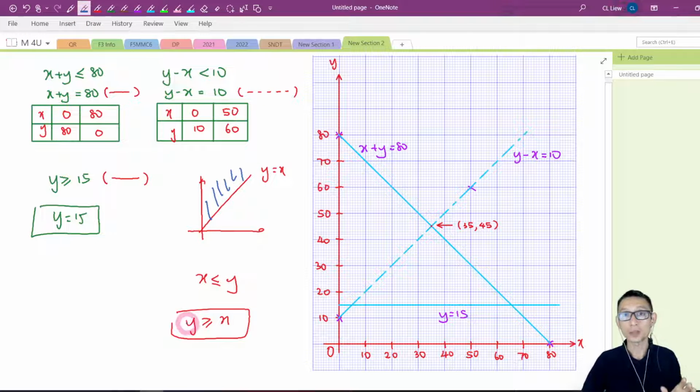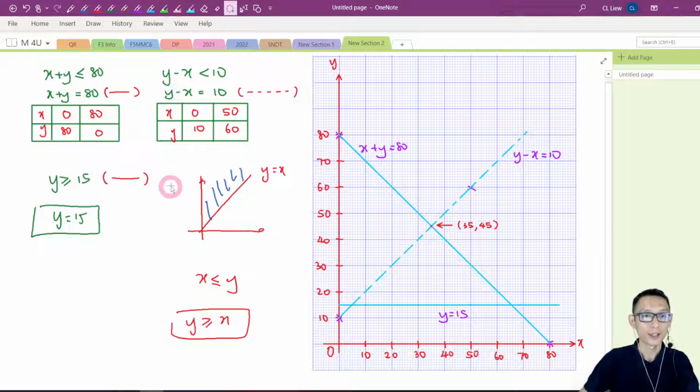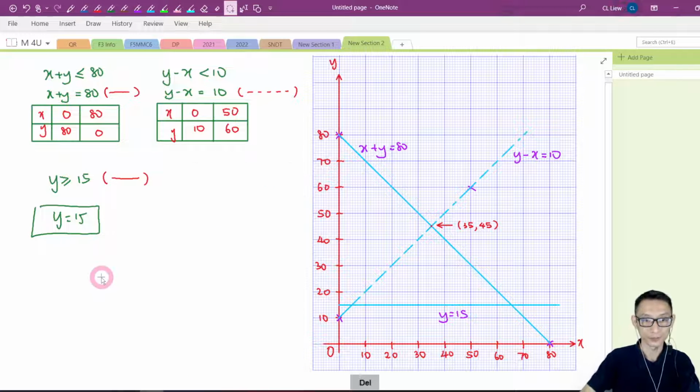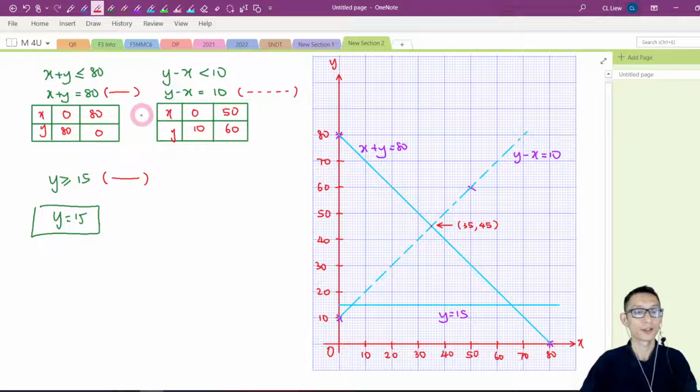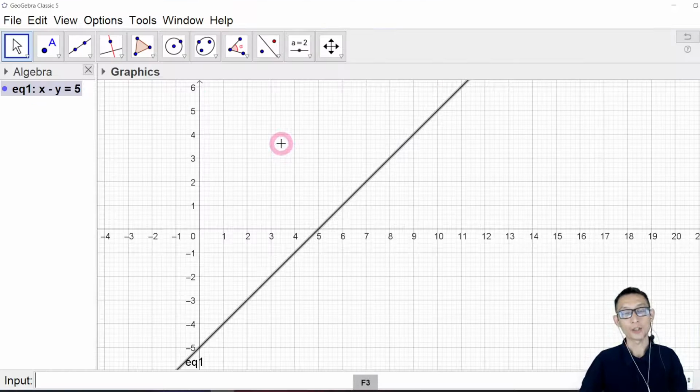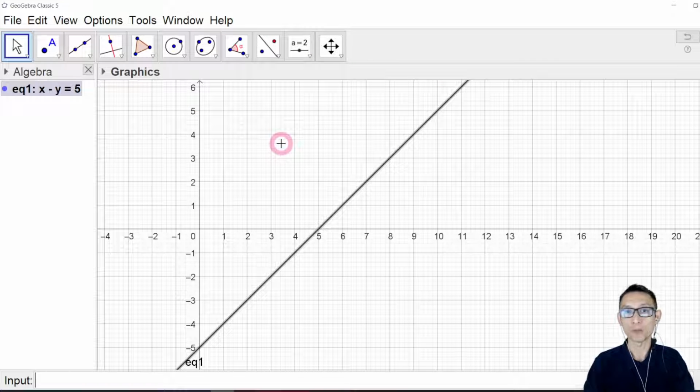And make sure every time you want to shade a region above or below, the coefficient of y is positive. Okay, some students might be curious, why do I say that we want to make sure that the coefficient of y is positive?